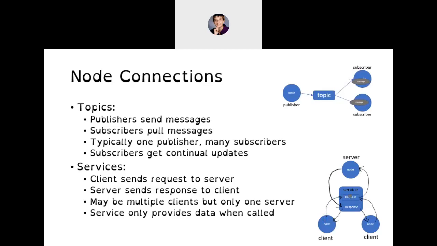This request goes to the server and tells the server, hey, I want this information from you now. And then the server can send a response back to the client that asked for it. So where in the publisher-subscriber method the publisher is always pushing the information and the subscribers pull anytime that they want, here the server is running and the client has to request when it wants the information.